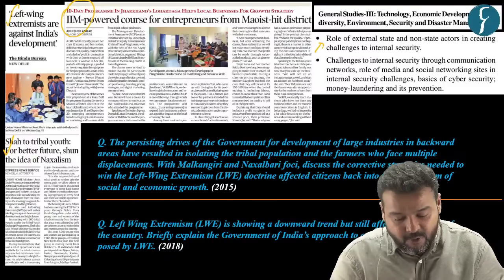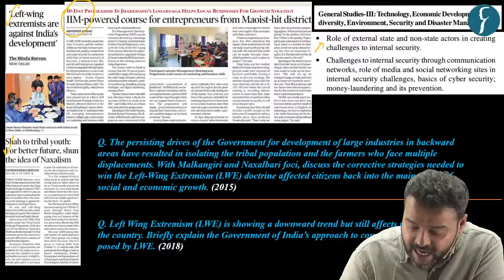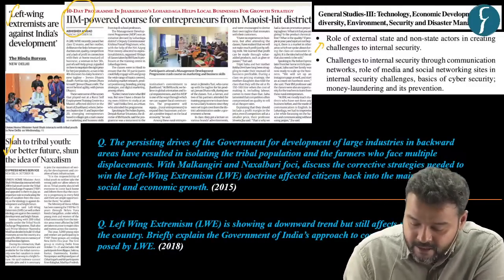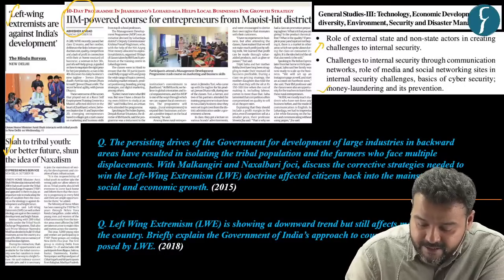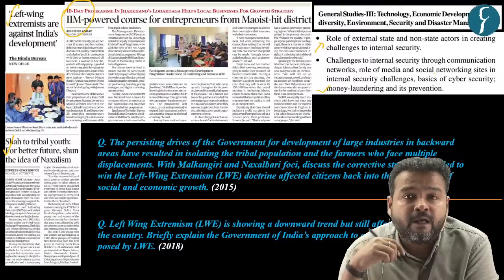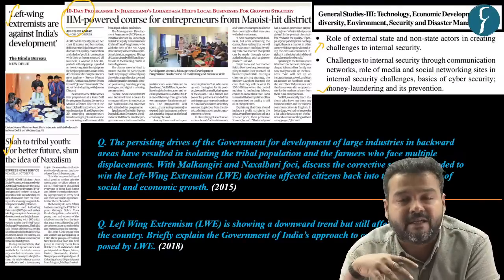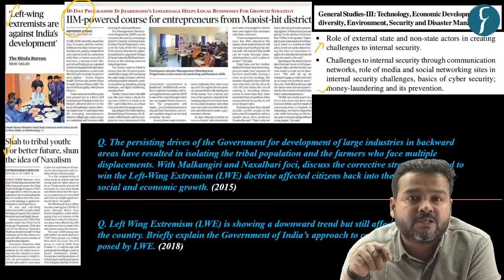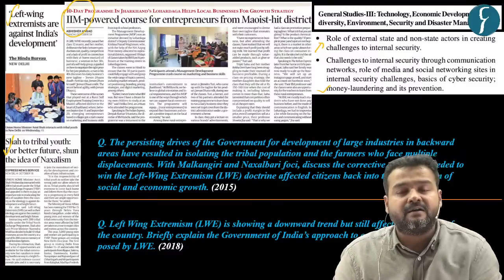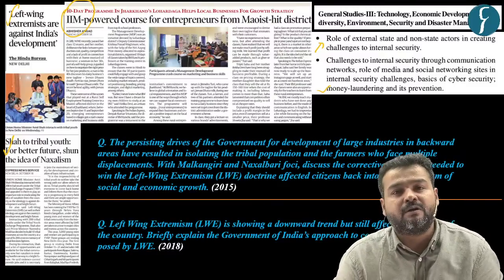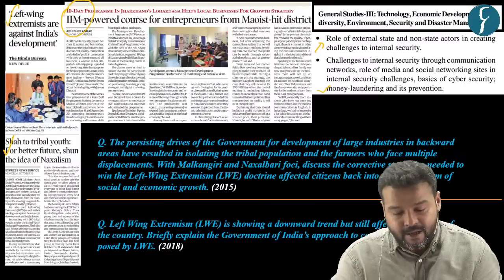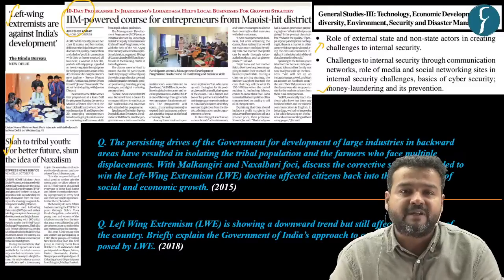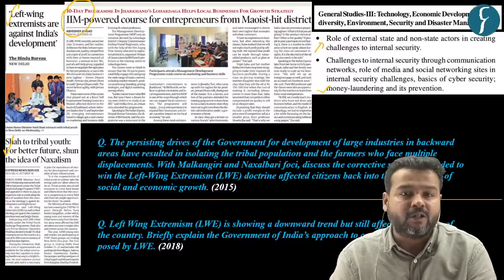And further, challenges to internal security through communication networks and money laundering, etc., have been mentioned. So Naxalism, if you look at it holistically, has a component of all these challenges. Naxalism is not just an armed revolution or armed uprising against the state. Feeding the variables in execution of Naxalite activity encompasses all these factors also.